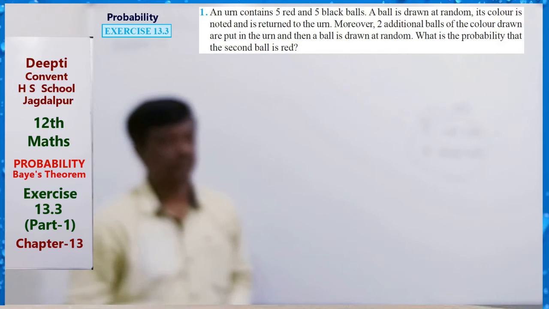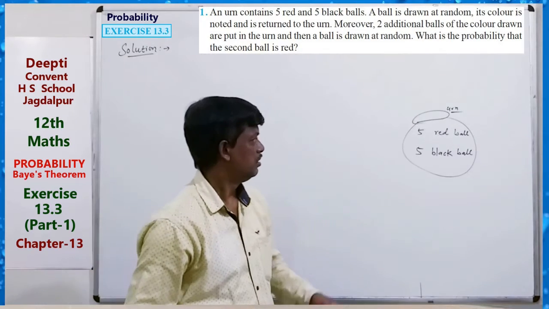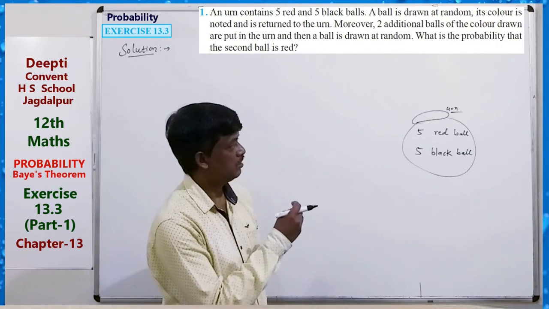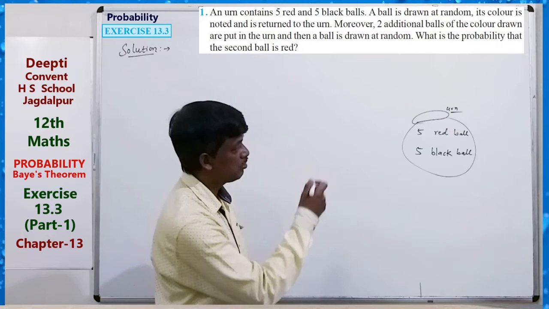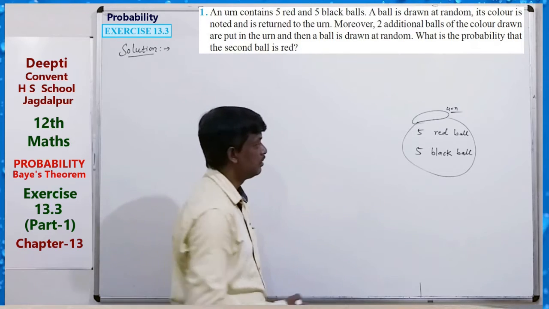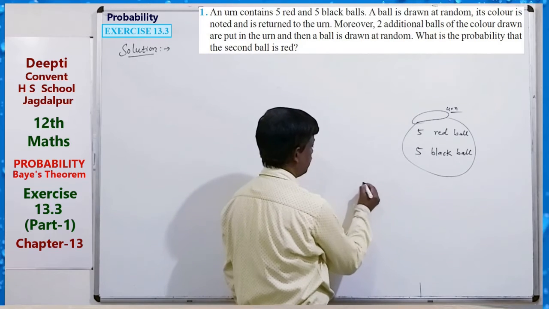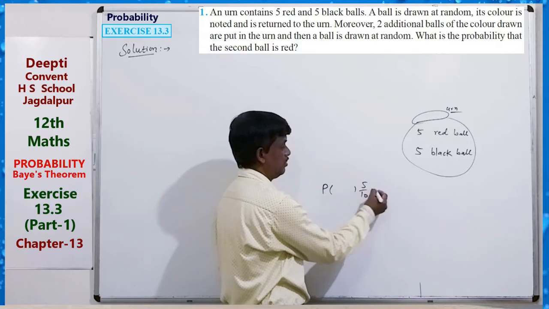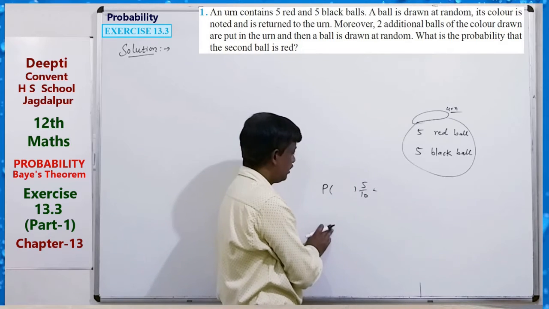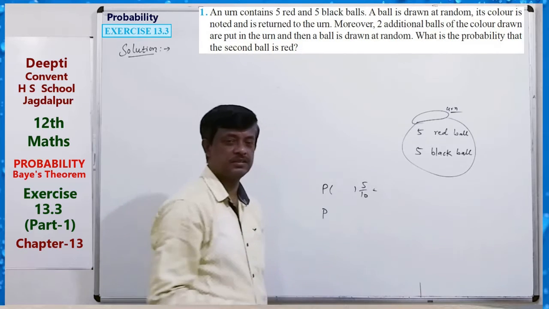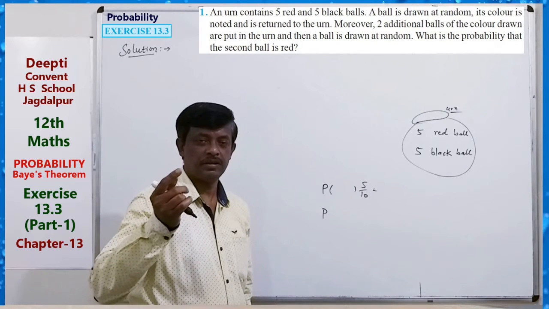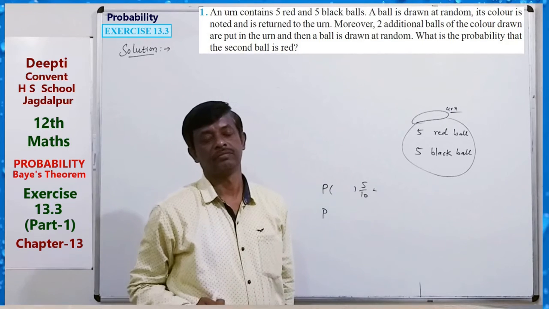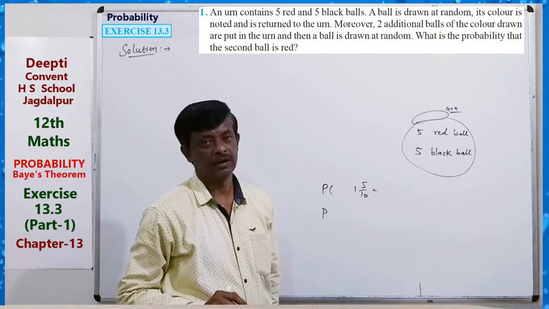First of all, very simple. In the first case, we just draw a ball. What will be the probability of drawing a red ball? 5 by 10, that is 1 by 2. And the second time, 2 additional red balls are added to the urn.